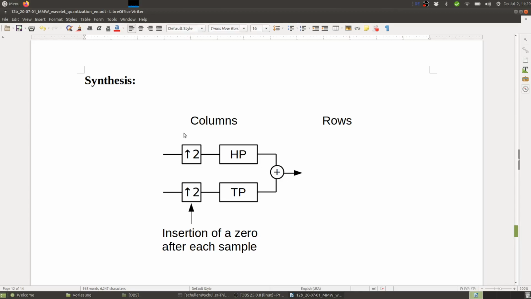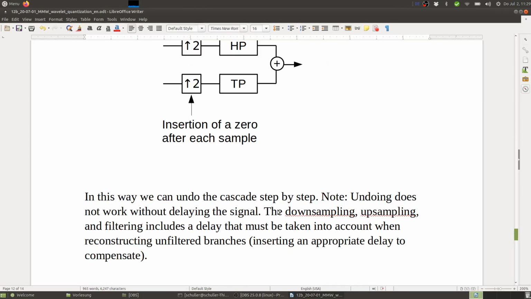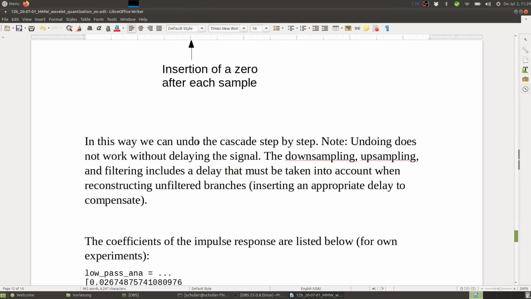So we simply use each pair here for the reconstruction, upsampling, and again high pass and low pass. And then we do the same for the rows. So upsampling is done by insertion of a 0 after each sample, and then we do the filtering. Yeah, and in this way we can undo the cascade step by step.